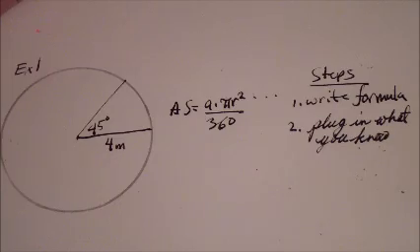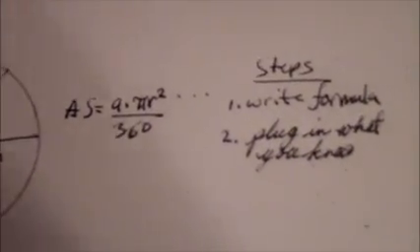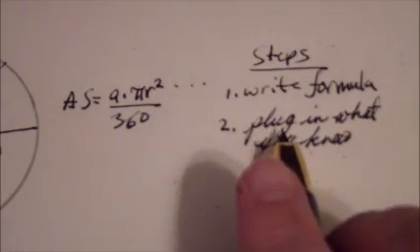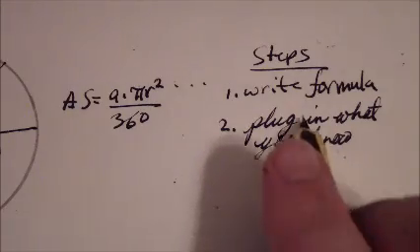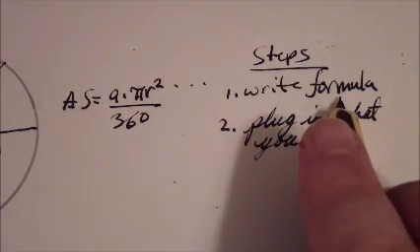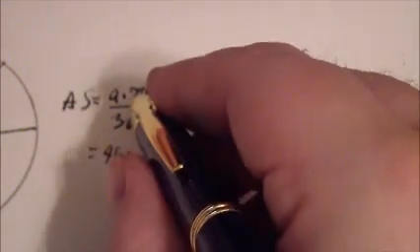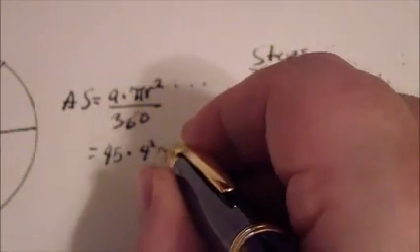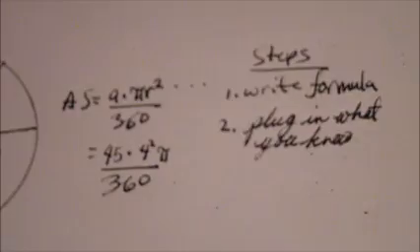And you know what? I'll just zoom in a little bit here. Plug in what you know. Well, we know the angle is 45 degrees. We have the radius, which is 4 squared. Leave the pi on the side, all over 360.